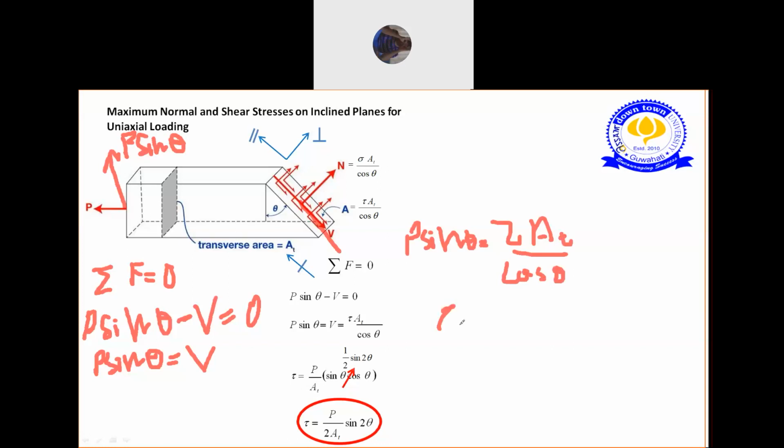Now if you want to find tau, it will become P sin theta cos theta divided by A. And by trigonometry, sin theta into cos theta is nothing but half sin 2 theta.